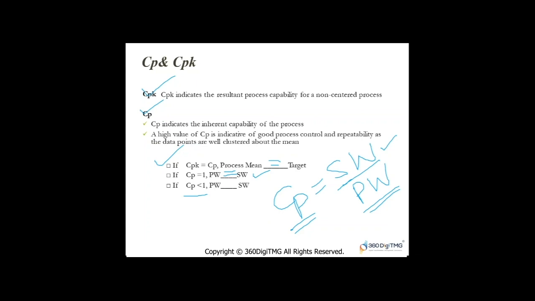So your process width should be greater than your specification width, right? Let me know if you have a different explanation. You can write to me, right? But otherwise, this is the right explanation.